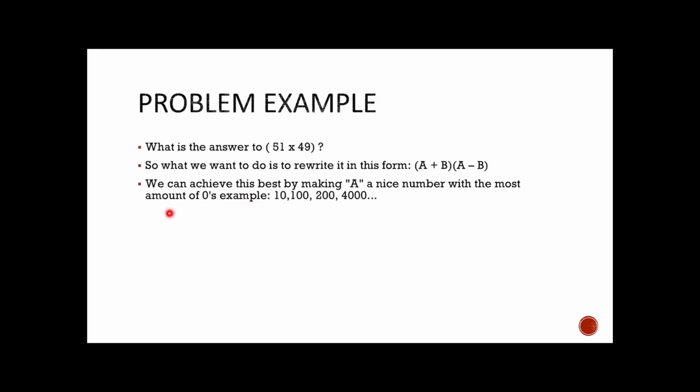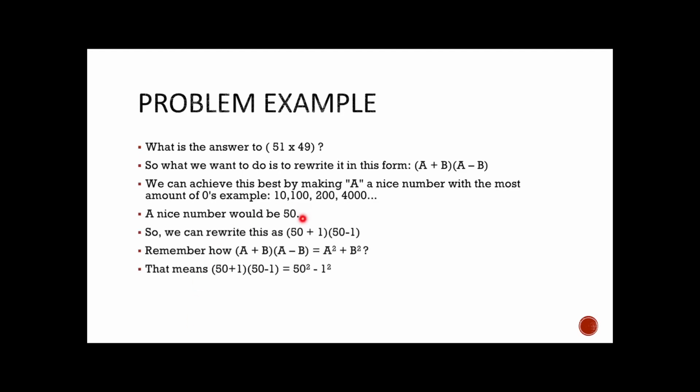Basically, we want to make it a nice round number. We can make it 10, 100, 200, 4,000, 3,000, 20, 30, 40, 50, etc. It's basically simpler. So a nice number would be 50.